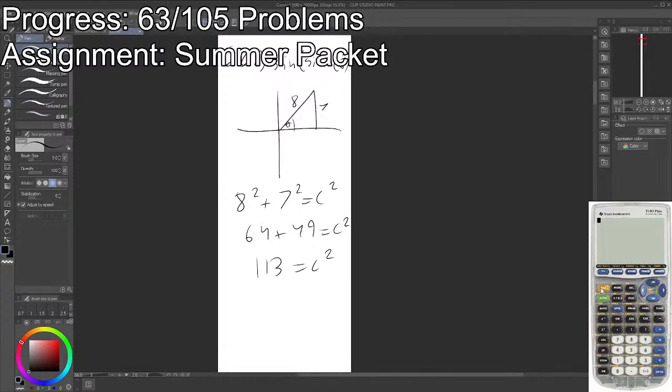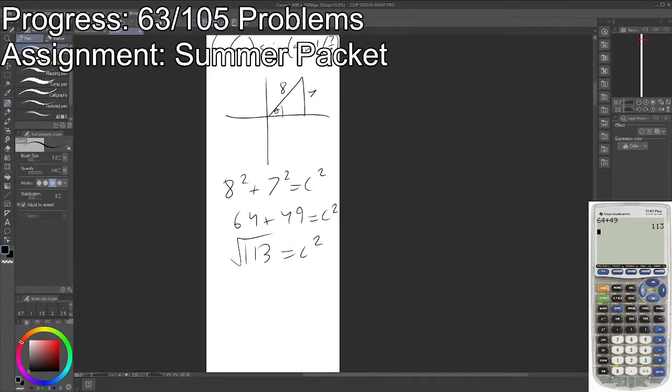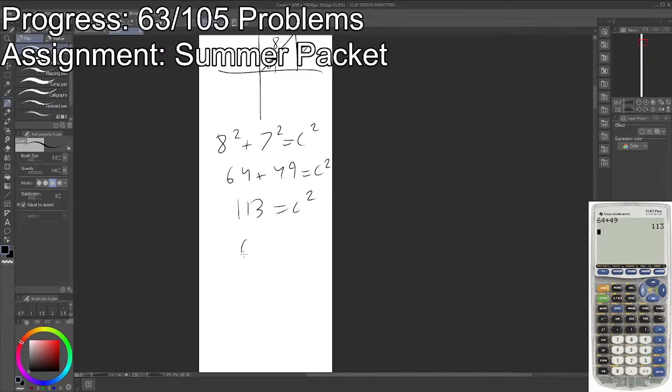Error. Make sure I added those right. Whoa. Okay. Well, I mean, yeah, I think the whole point is that you don't have to solve for C, which is kind of stupid.